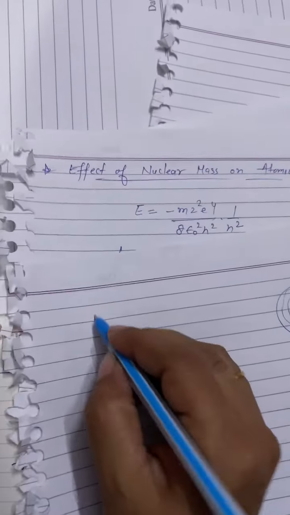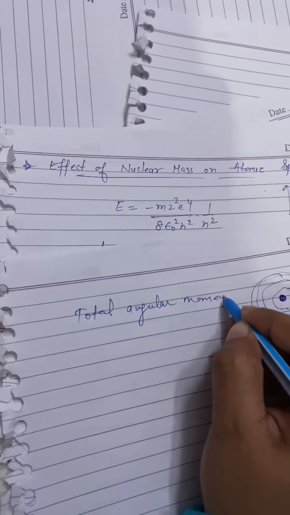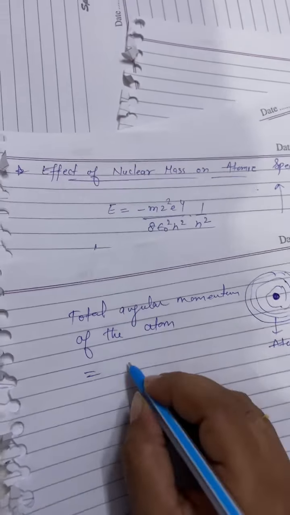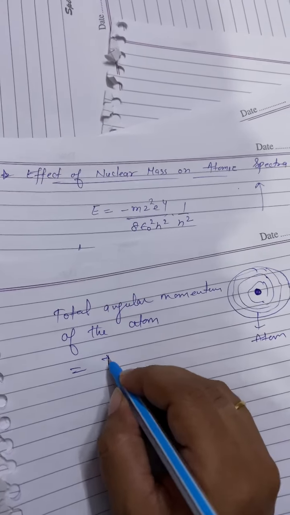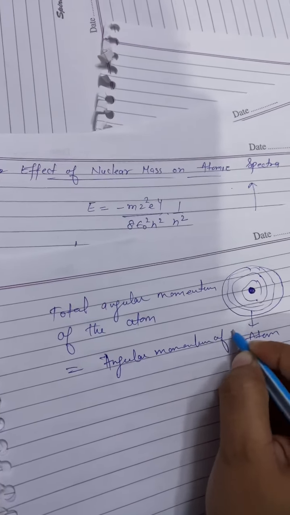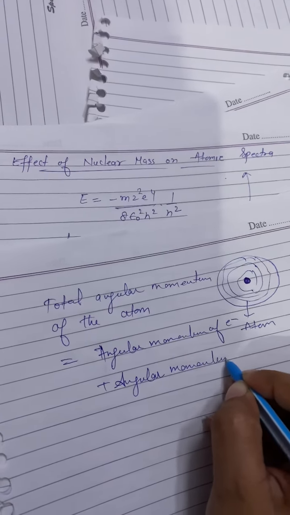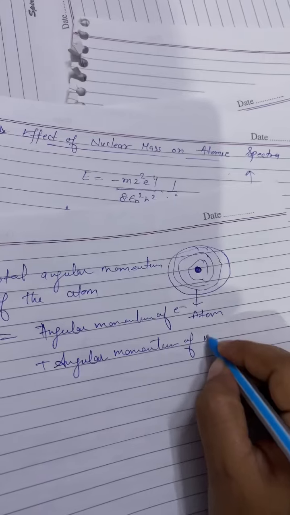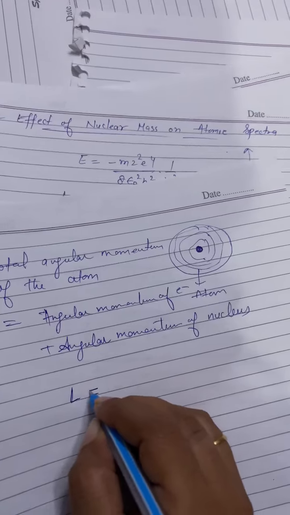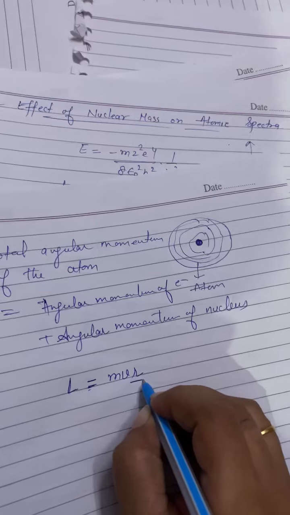So the total angular momentum of the atom will be equal to the sum of angular momentum of electron plus angular momentum of nucleus. And we know angular momentum is written as L is equal to mvr if r is the perpendicular distance.